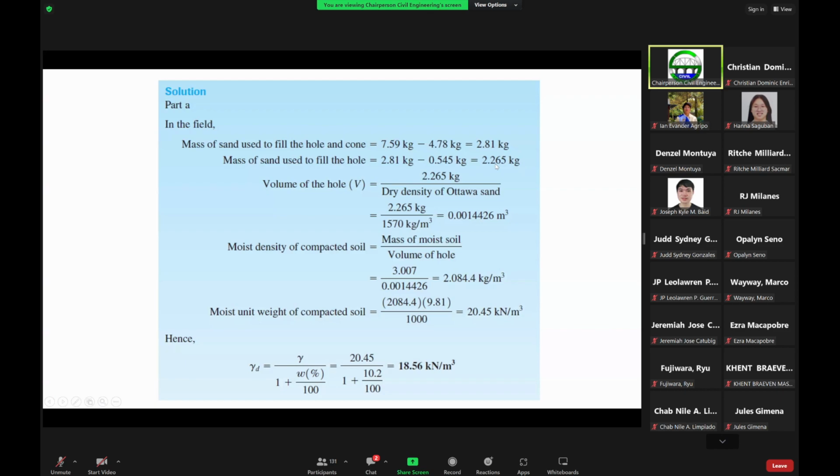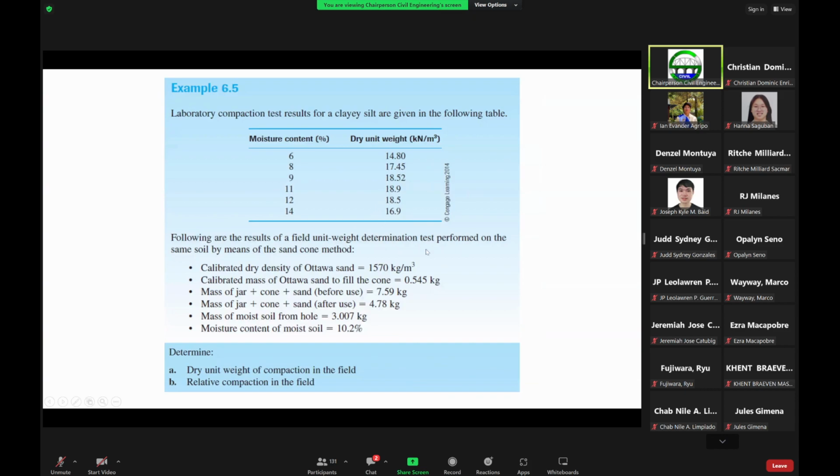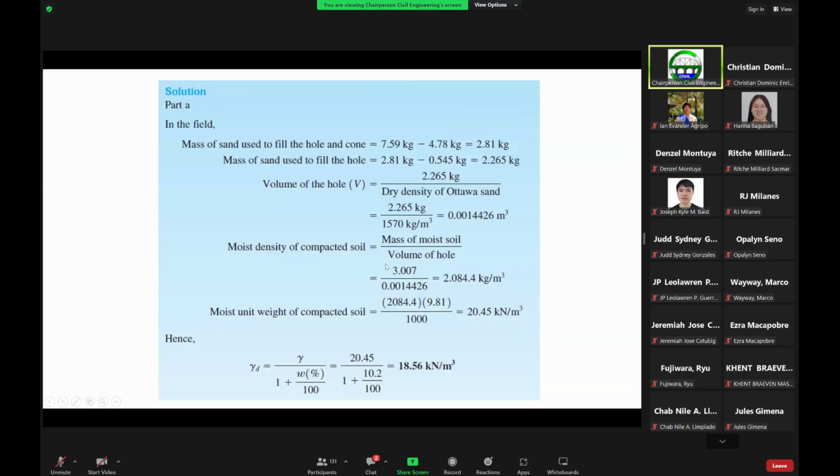Then we can determine the volume of the hole by dividing this value by the dry density of the Ottawa sand, which is given here, the calibrated value. So that gives us this volume of the hole, in cubic meters.